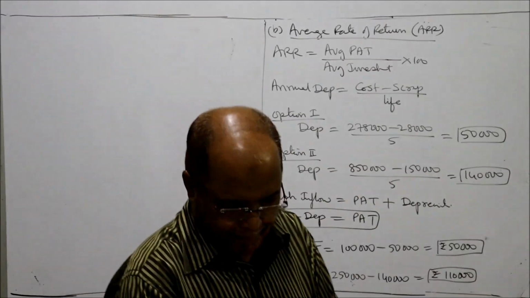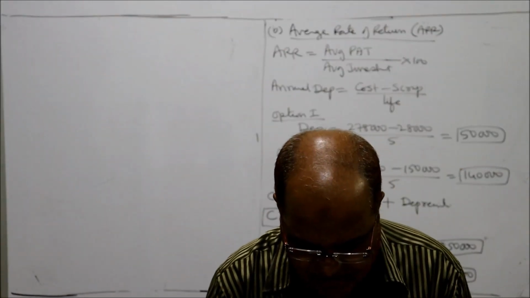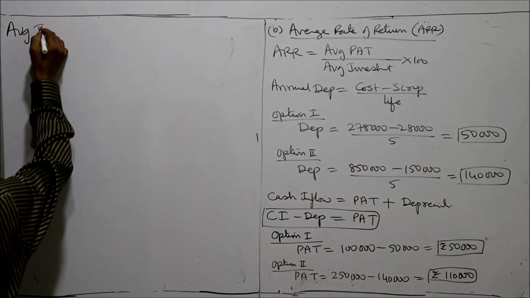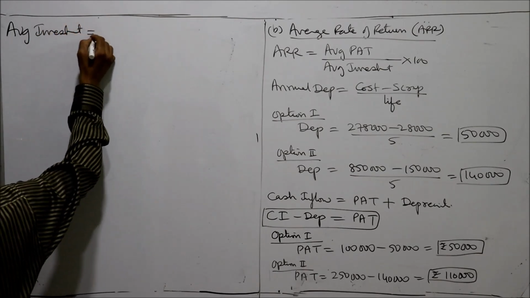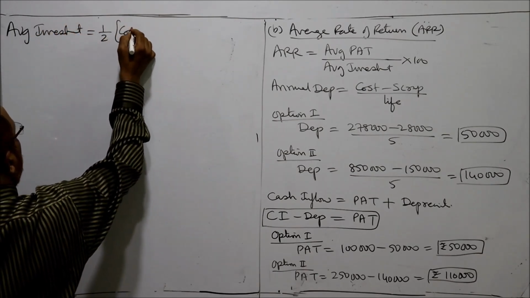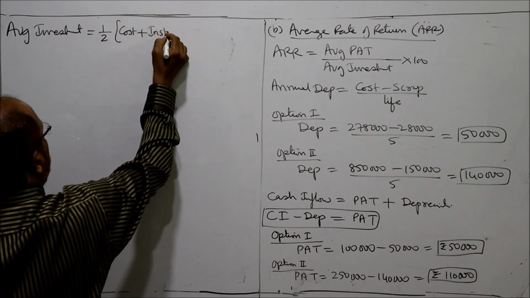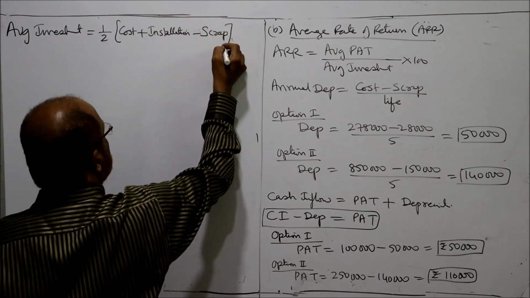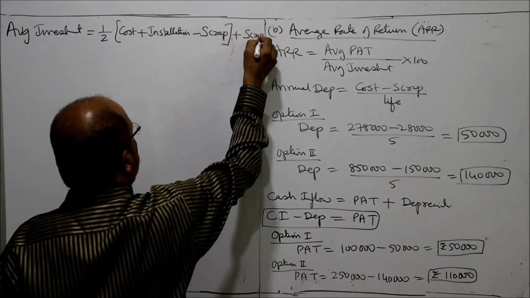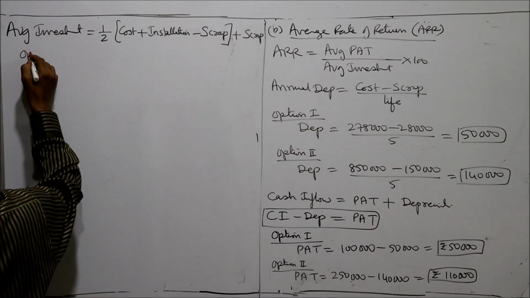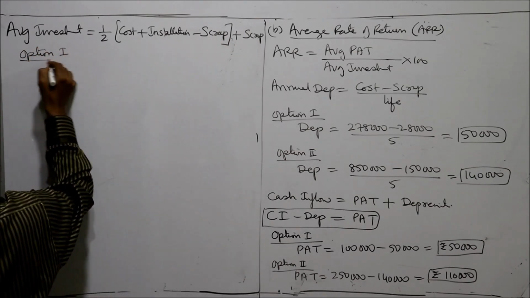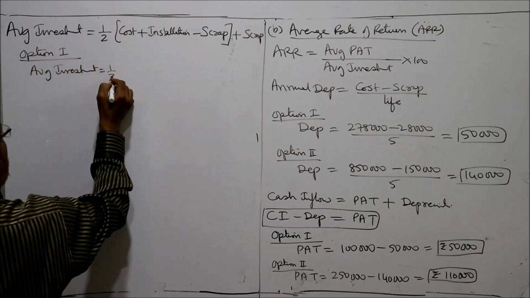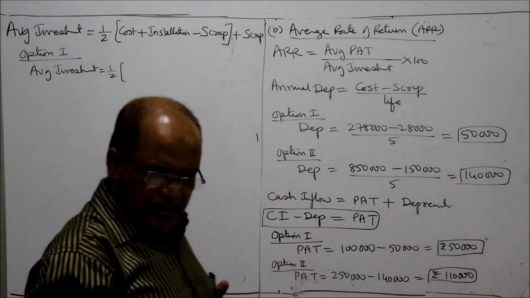Now we calculate annual investment, average investment is equal to 1/2 into cost plus installation minus scrap, close the bracket, plus scrap. So option 1, average investment is equal to 1/2 into, what is the cost of machine 1?